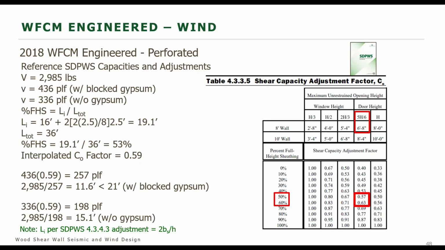Using this table 4.3.3.5 from SDPWS, we get a shear capacity adjustment factor that we are able to interpolate, and it's equal to 0.59. So we multiply that by the capacity of the wall. So for the wall with block gypsum, that capacity was 436 pounds per linear foot.